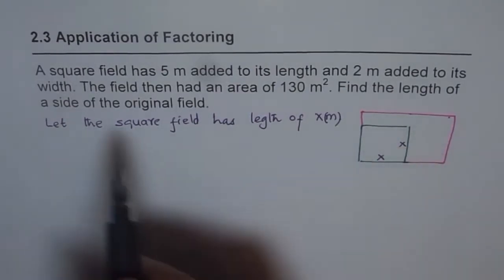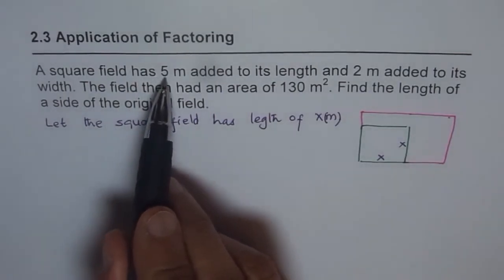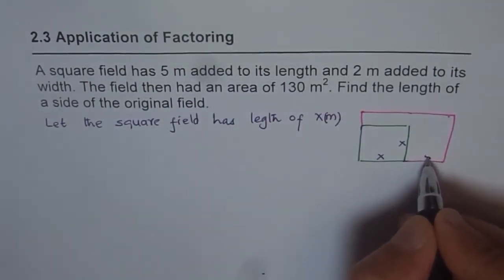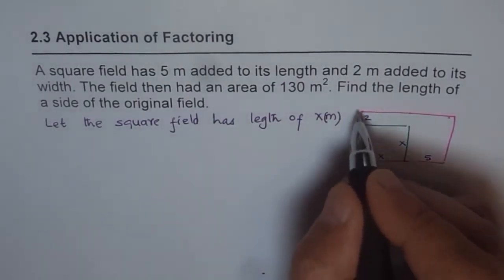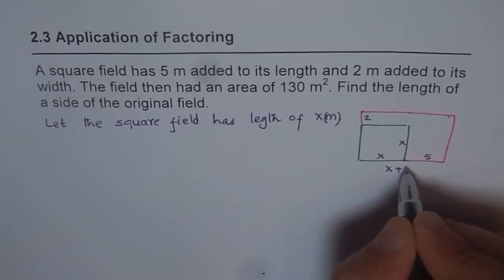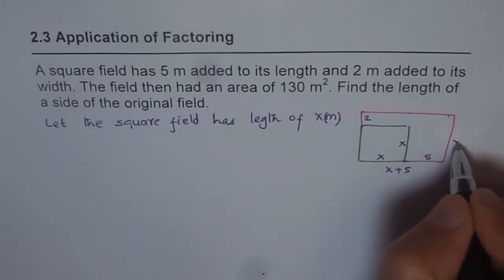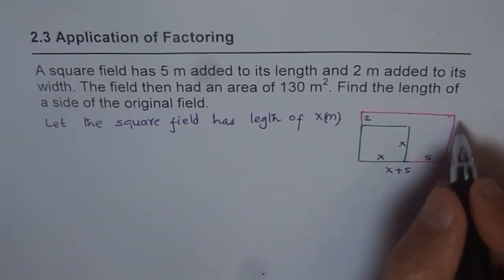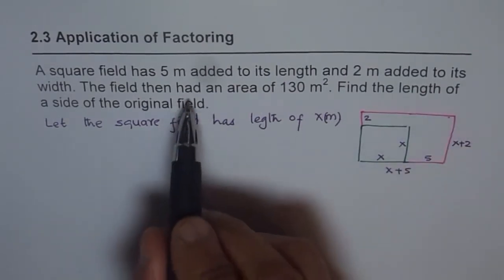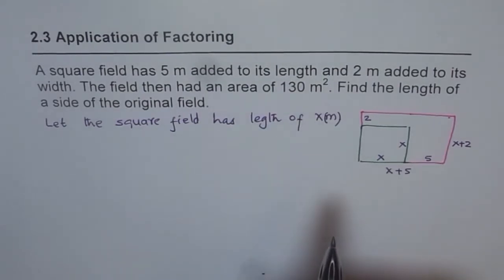Now what really happened was the square field has 5 meters added to its length. So now we have, this is 5, right? And that is 2. So we get a rectangle whose length now is x plus 5 and the width is x plus 2, correct? So that is the rectangle. So what is the area of the rectangle? We know the area of the rectangle is 130 meters squared.